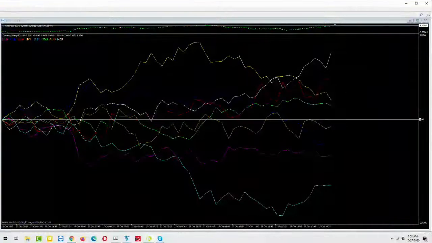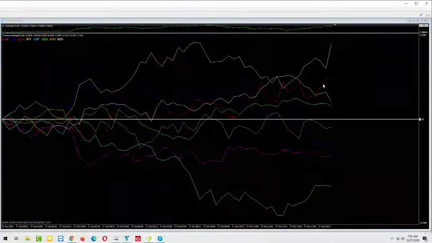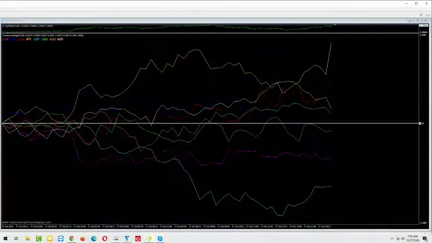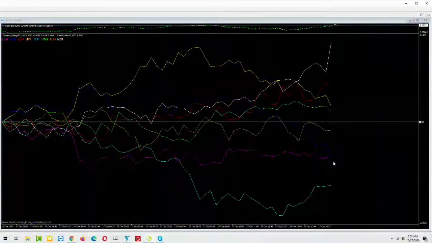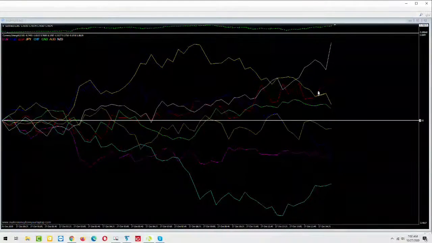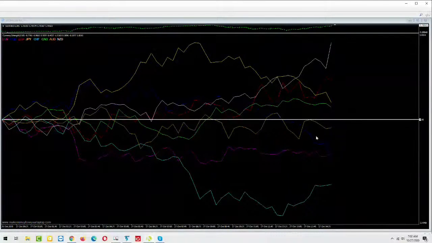So that really supports the buying activity that we're seeing on the pound versus the USD as we see this little burst of divergence starting off with the new session. So I went ahead and I put a breakout trade on for the pound versus the USD. It looks like the pound has a little buying activity behind it versus the USD, which is being sold off. So we'll see if that continues on.